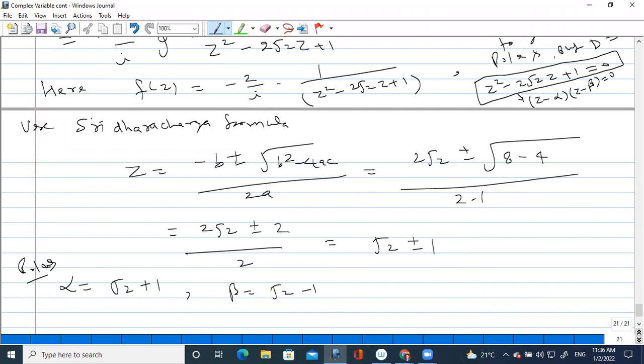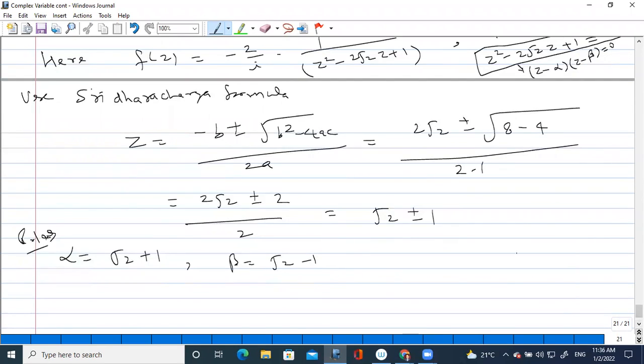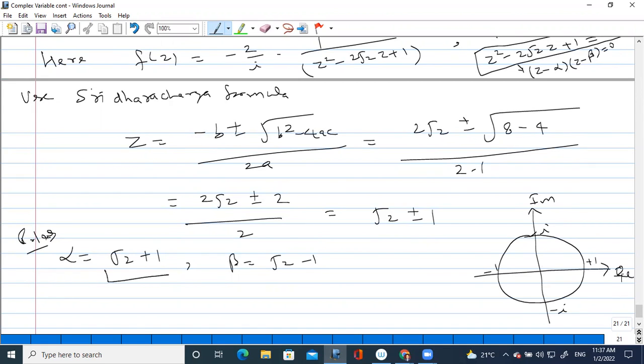Now which pole is outside, which pole is inside, that also we have to see. What is our contour here? I told you for this type of question in our syllabus, it is a unit circle. Real axis, imaginary axis, this is I, minus I, plus 1, minus 1. Now see, root 2 plus 1, that root 2 already 1.4 and plus 1 2.4, that is outside.